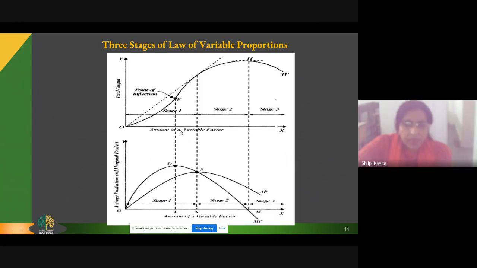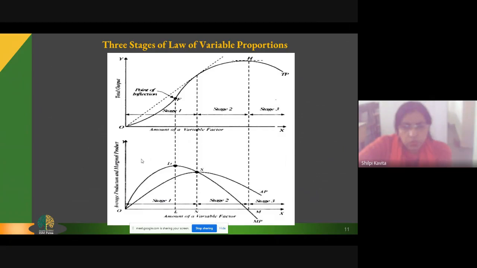We can see till point F in stage 1, where the marginal product is maximum, total product is increasing at an increasing rate. After this point F, the total product starts increasing at a diminishing rate because the marginal product is declining. And at the end of stage 1, the marginal product and average product intersect, and the average product is at its maximum.